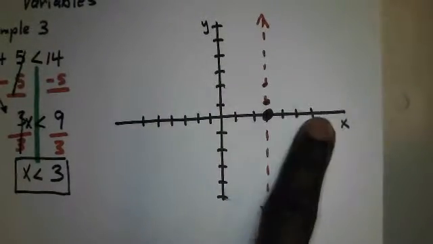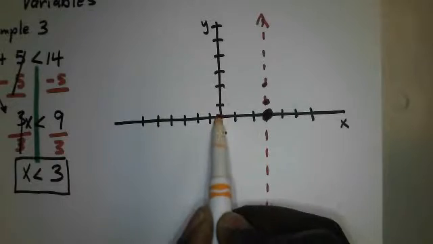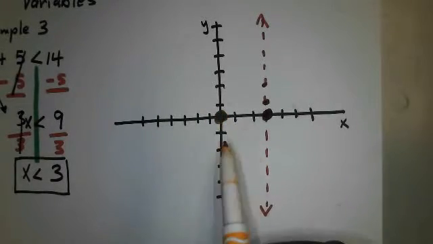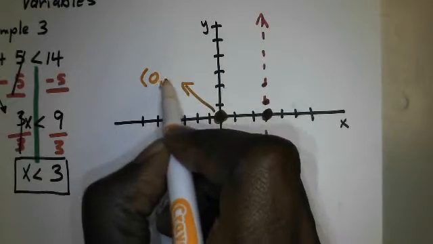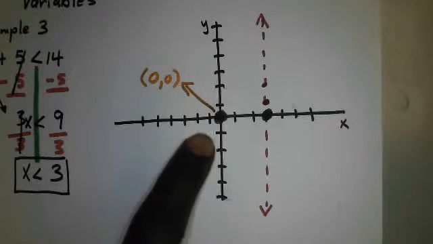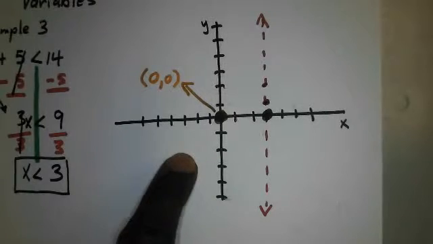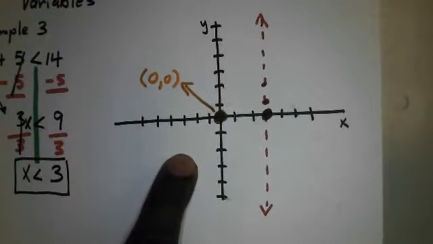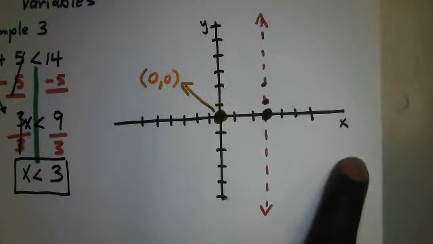In order for us to know which side to shade, we're going to use a test point, which is 0, 0. 0, 0 happens to be the origin, and we're going to find out if this test point is true, we will shade this side of the dashed line. That means the side that is true. If it happens to be false, then we're going to shade the opposite side.